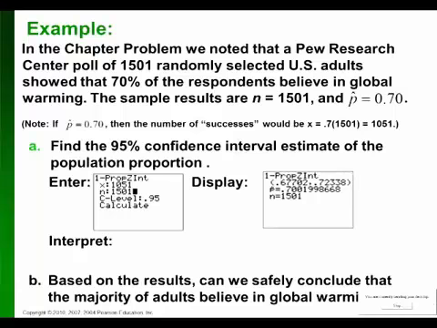I don't know if trying to say it all aloud together is a good idea or not, but while I say it, you try to think it. I am 95% sure, because I told the calculator I wanted to be 95% sure, that the true proportion of adults who believe in global warming is somewhere between 0.677 and 0.723. We're going to round to 3 significant digits.